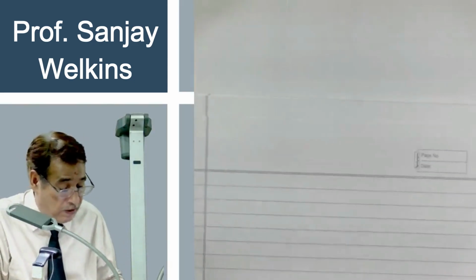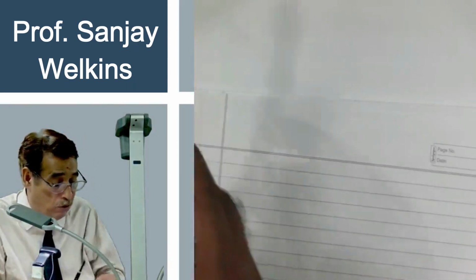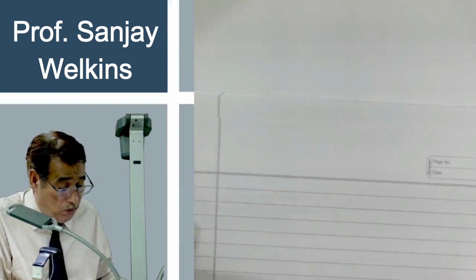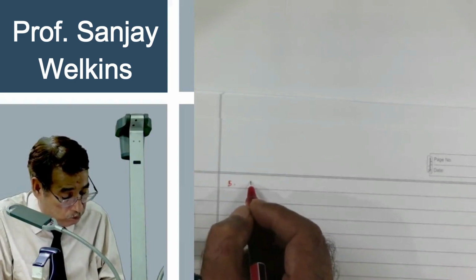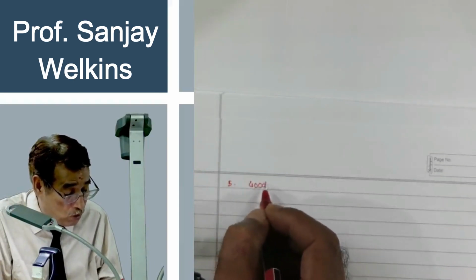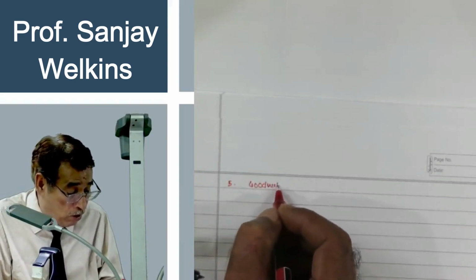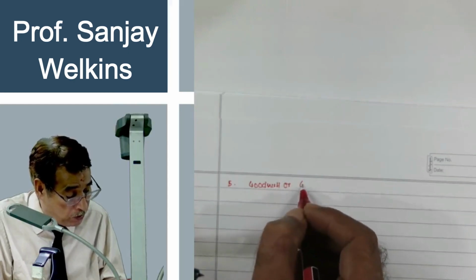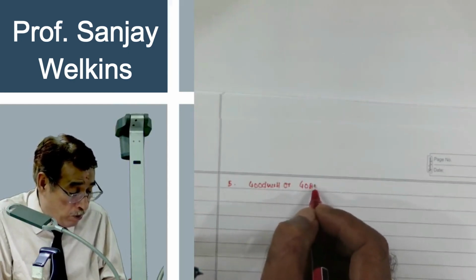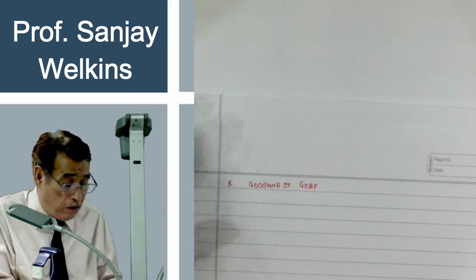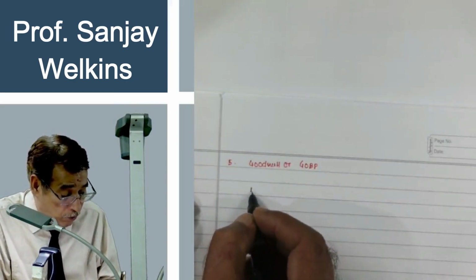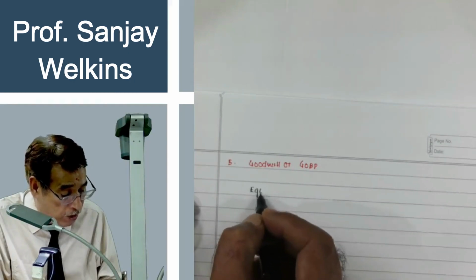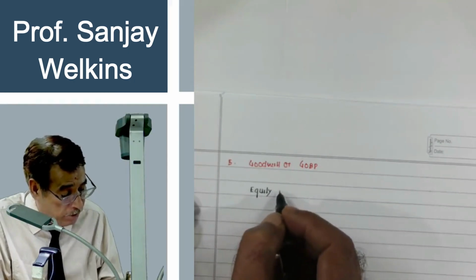After this analysis table, we now have to find out goodwill. Now I will write here goodwill. Calculation of goodwill or gain on bargain purchase. For the same, we write equity, and equity means net assets only.